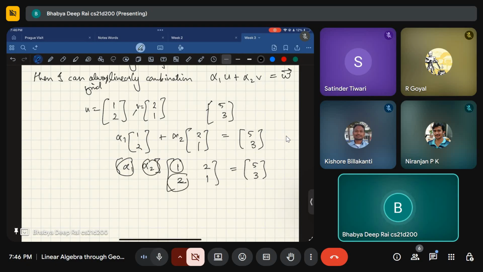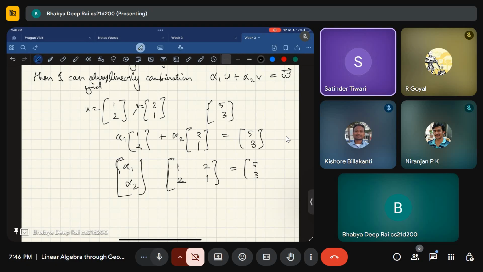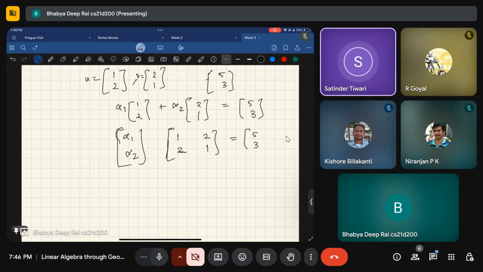Okay, so I made a small mistake. It should be the column vector alpha 1, alpha 2. So it will be the matrix 1 2 2 1 with the column vector alpha 1, alpha 2.